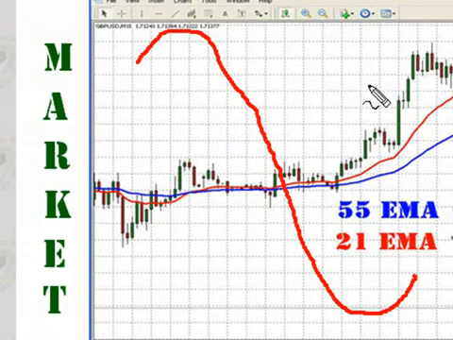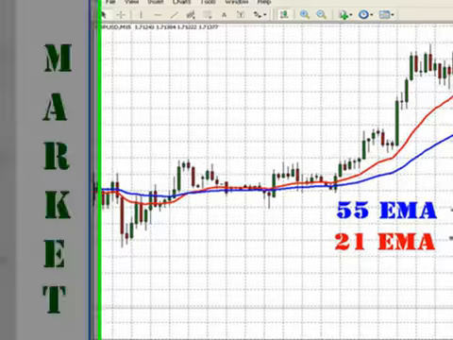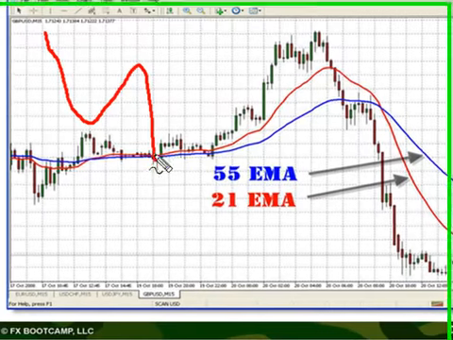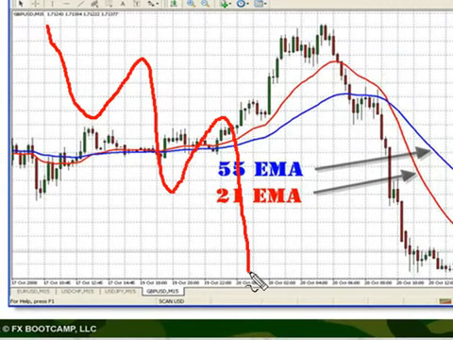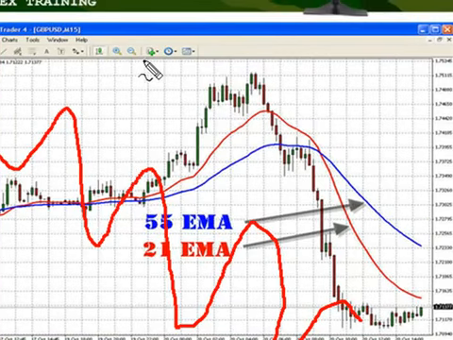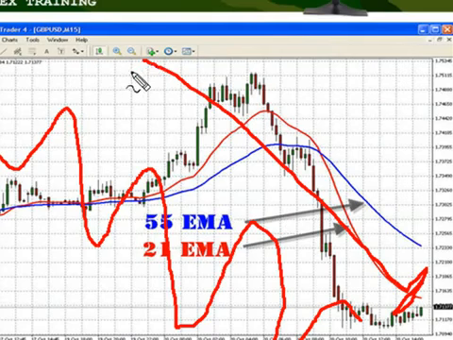When the market falls, we know that the definition of a falling market is a series of lower lows, lower highs, lower low, lower high, on and on and on, right? So even if the market is down, price can still go up. In fact, price goes up all the time in a down market. So that's why I want to separate the two.